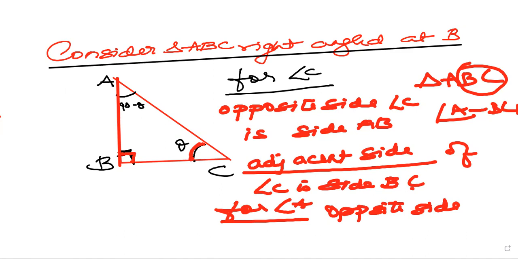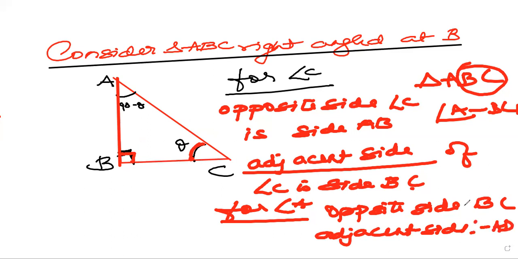So BC is the opposite side. The adjacent side of angle A: angle A is contained by side AB and side AC. AC is the hypotenuse, so the adjacent side is AB. Are you getting me, children?